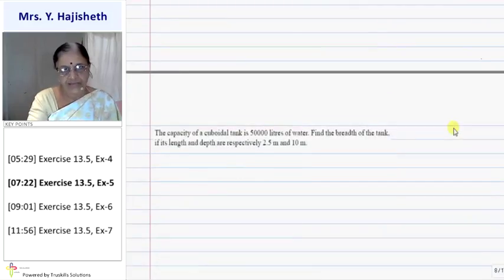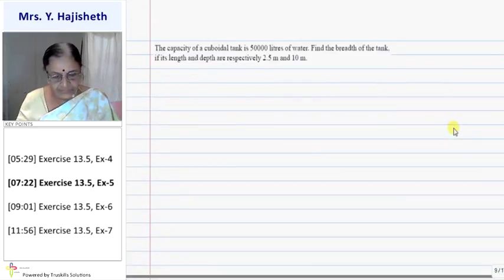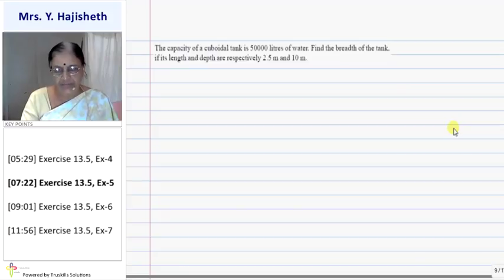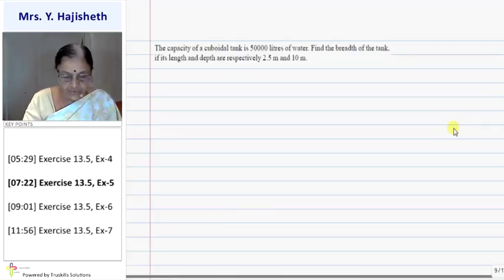Now next sum is: the capacity of a cuboidal tank is 50,000 liter. Capacity, that means volume, is given as 50,000 liter of water. Find the width of the tank if its length and depth are respectively 2.5 meter and 10 meter. You know 1 meter cube is 1000 liter. So first we find out capacity of tank in meter cube.